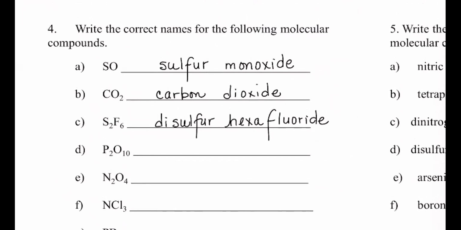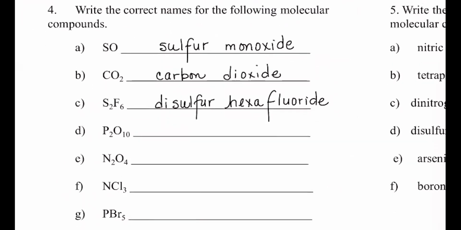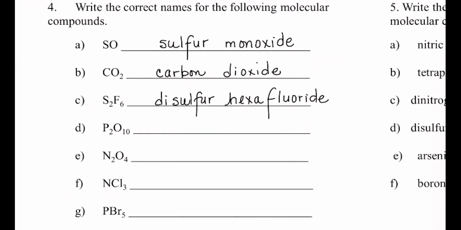Excellent. People want more practice. Then let's go through these. So the next one, P2. What word do we use for showing that we have 2 of those P's in it? Great job. Diphosphorus. And then the 10 O's.